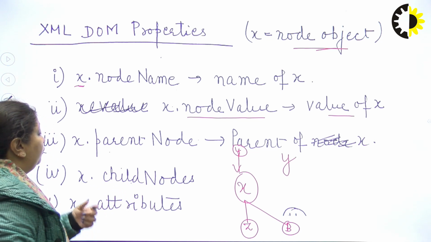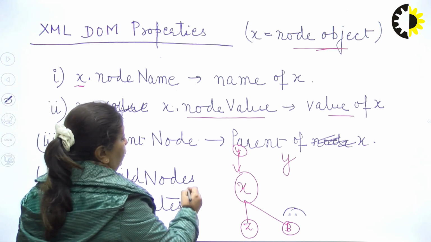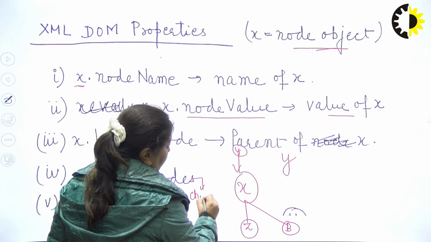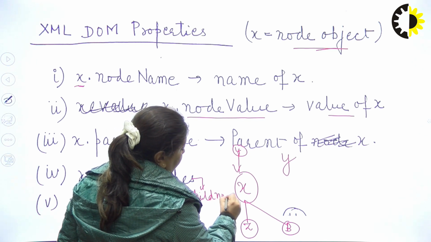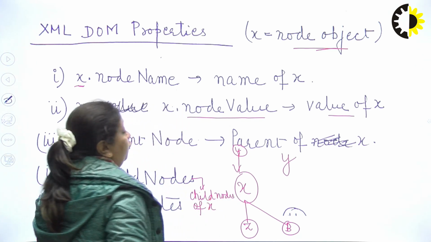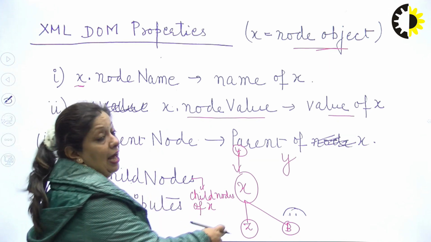Same way, if I have x dot child nodes, it is going to return the child nodes for x. So now for this particular example, if I use x dot child nodes, what will be the value which will be returned?